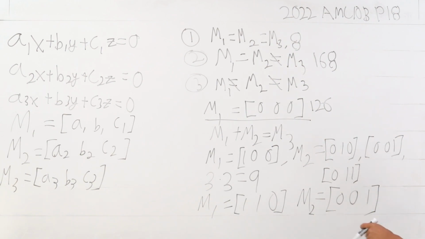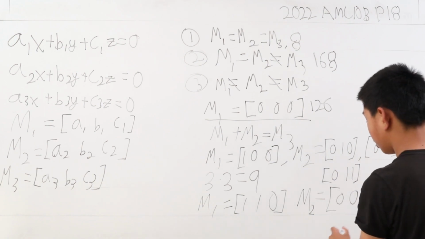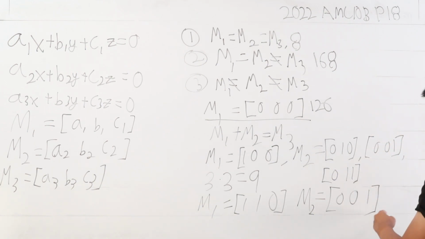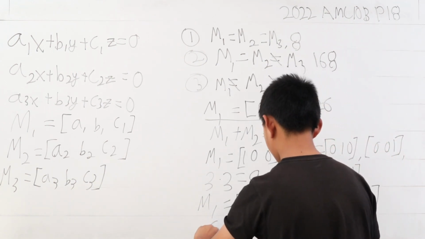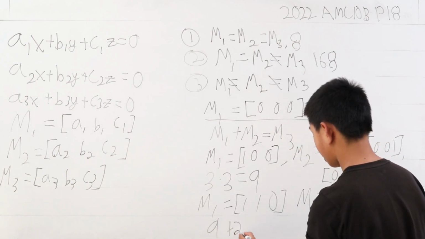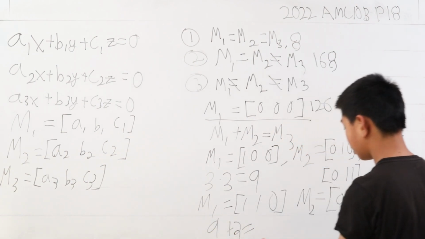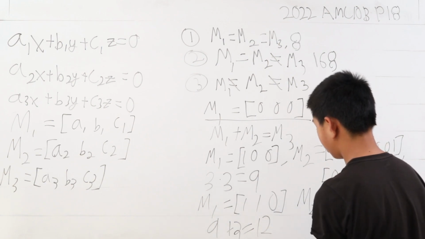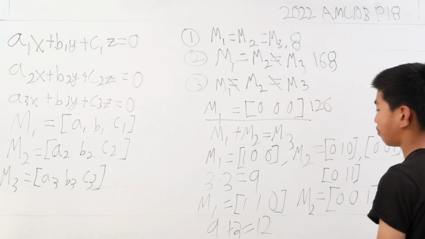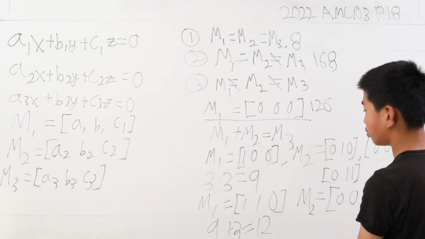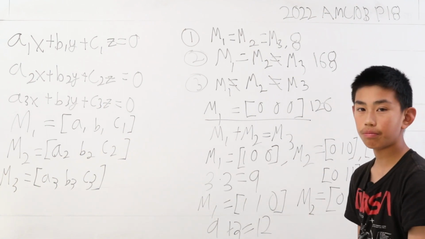But the same logic applies, since this can be moved around 3 times, so there are 3 possibilities here. So 9 plus 3 yields 12, which is the number of possibilities for these two cases combined.